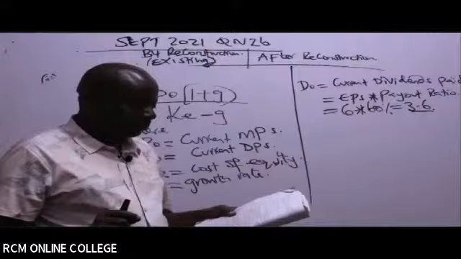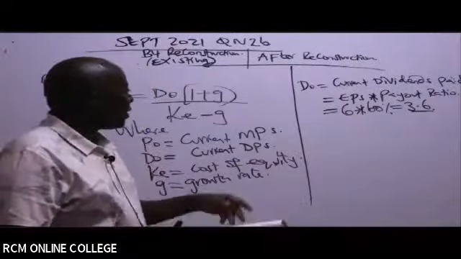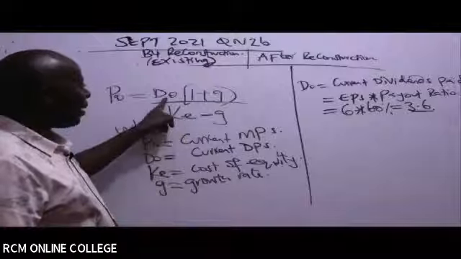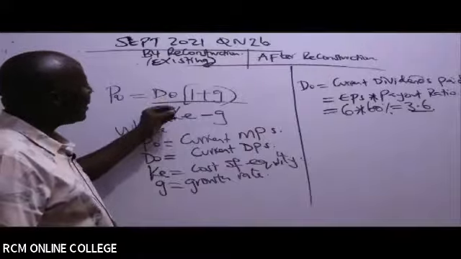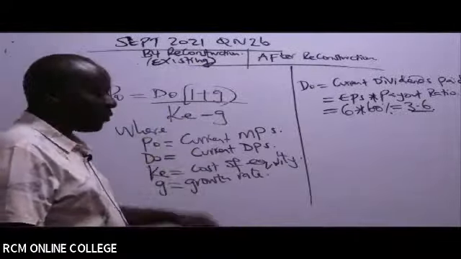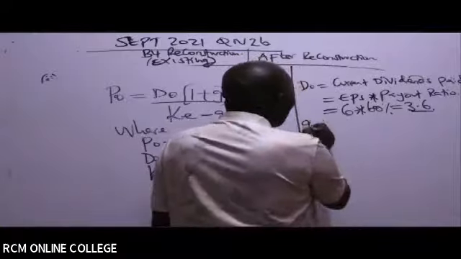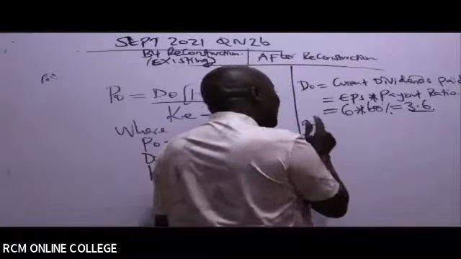Thank you so much. Now, ladies and gentlemen, I already have D0. The only thing this person was able to hide from you is the growth rate. Remember, there are two ways of getting growth rates.